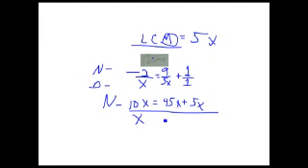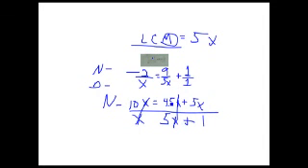These are our denominators. Now we need to cross out all the common ones. Alright, so that leaves us just 1x.